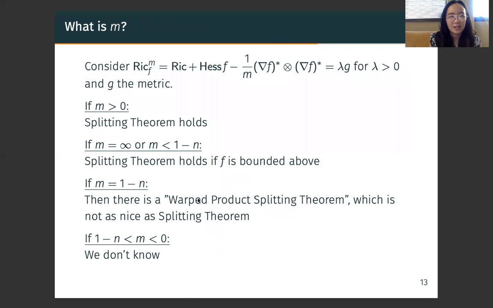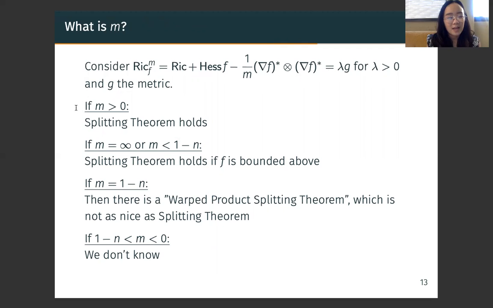Okay, so what is m? m is that constant. Here, consider Ricci f m, which is Ricci plus the Hessian of f minus 1 over m grad f tensor grad f, equals lambda g, where lambda is a positive constant. So m here is a constant, and the sign of m is important.